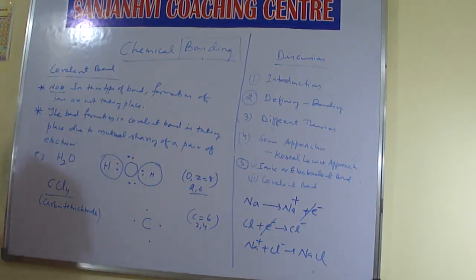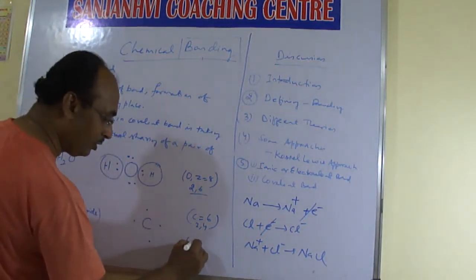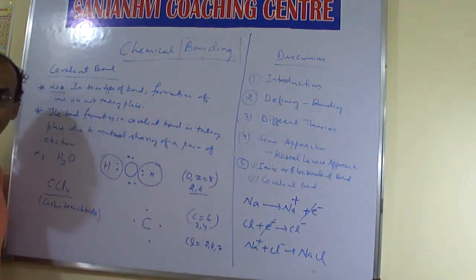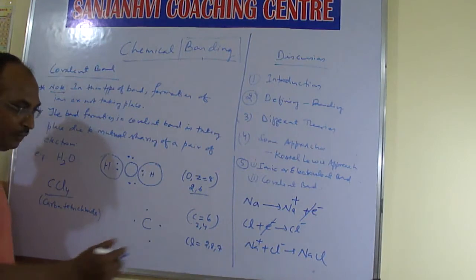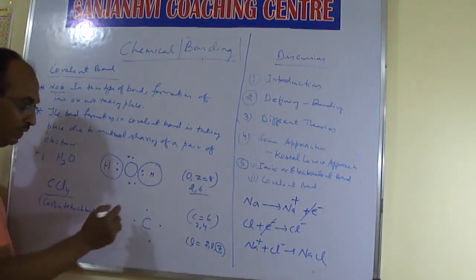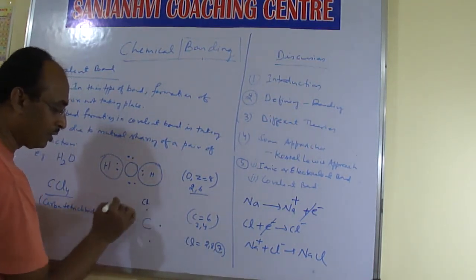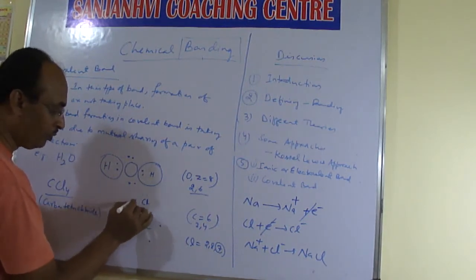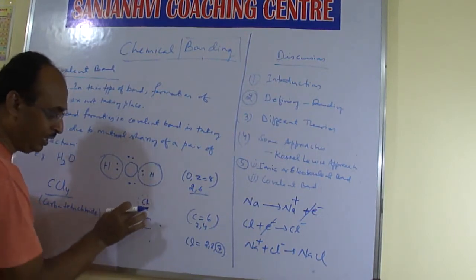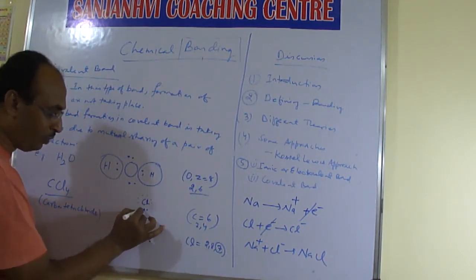Now for Cl, the configuration is 2, 8, 7, Z equal to 17, so it has 7 electrons in its outermost shell. It means it can receive 1 electron. Carbon's electron is given to Cl, and along with carbon it forms one bond.